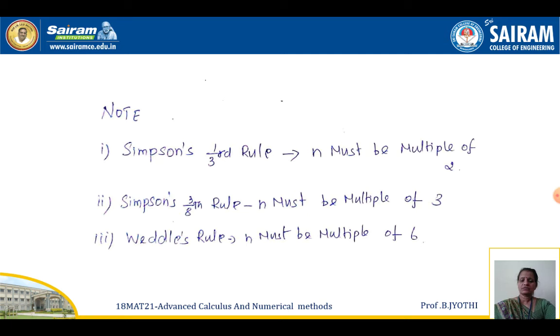When n is a multiple of 6, we can apply Weddle's rule, and not only that, we can also apply 1/3 and 3/8 because 6 is a multiple of 2 as well as 3. So when we have a problem with n a multiple of 6, we can use all three methods and compare the solutions.